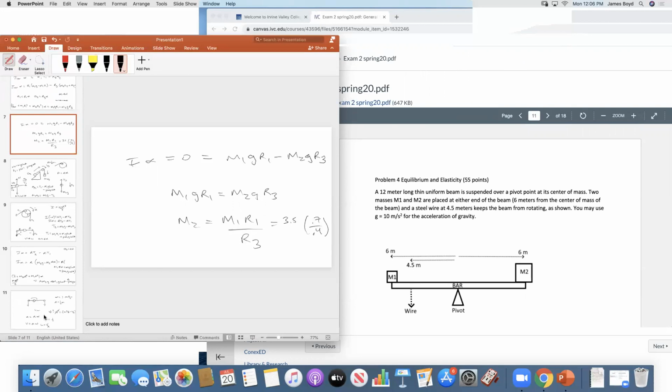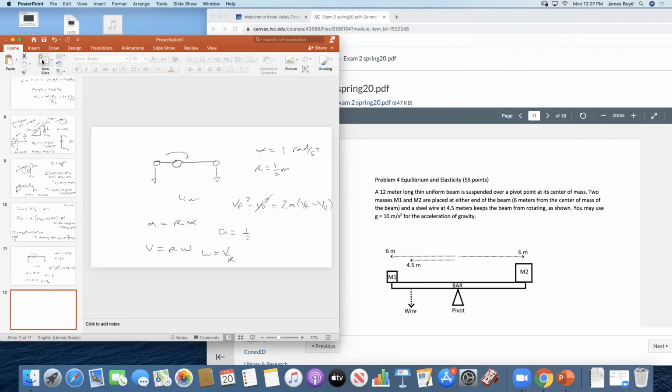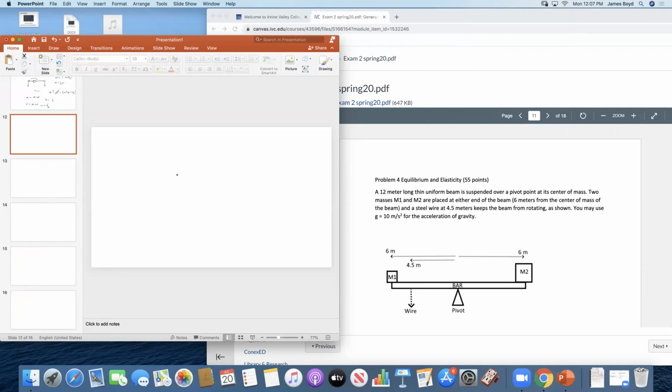We have 2 different types of equilibrium, and we've talked about this already a bunch, but I'm going to talk about it again. Equilibrium means nothing is moving at all. So if nothing is moving, the forces all have to equal 0, and the torques all have to equal 0. And the forces can equal 0 in the x or in the y, okay?